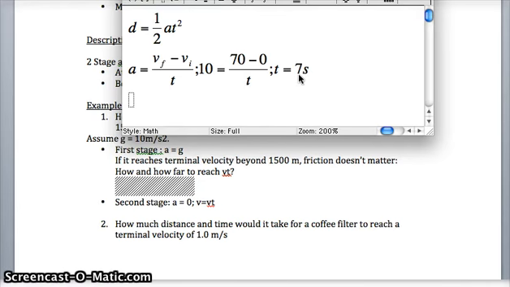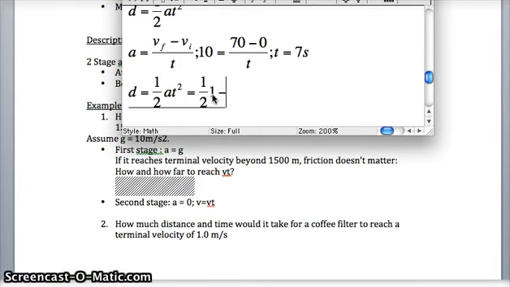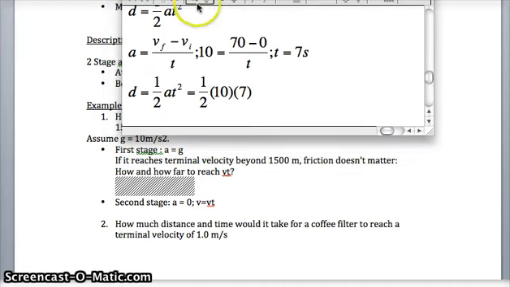So we can figure out how far it travels in that time. The distance is equal to 1/2 at squared, which is 1/2 times 10 times 7 squared.